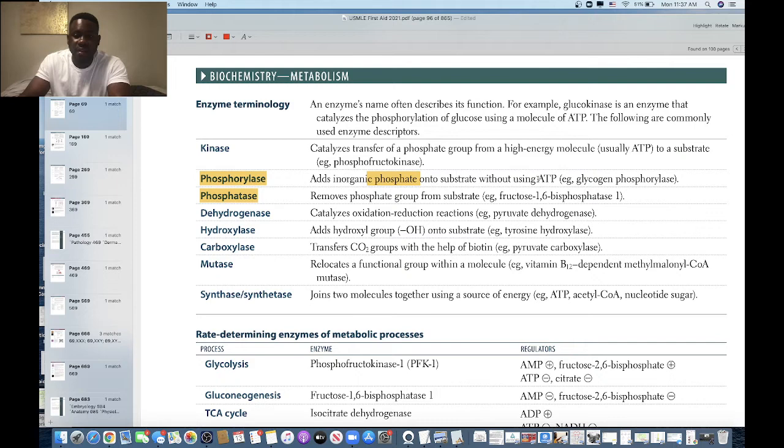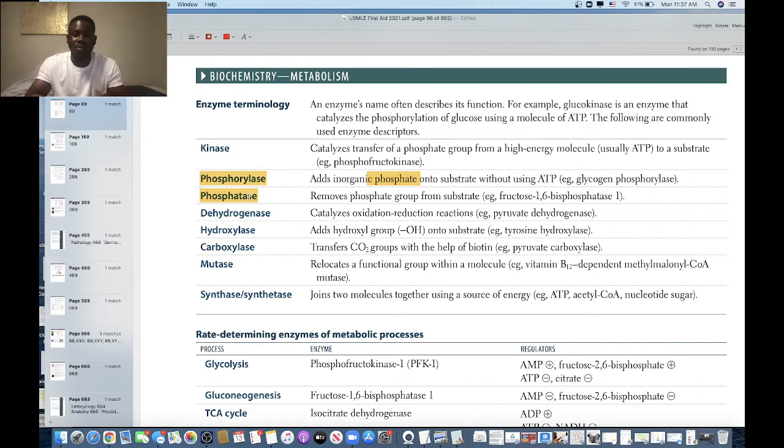Example, if I have AMP, adenosine monophosphate, and I add a phosphate to it, it becomes what? ADP, adenosine diphosphate. It is called phosphorylation because I've added phosphate to it. Phosphatase is doing the opposite of a phosphorylase.